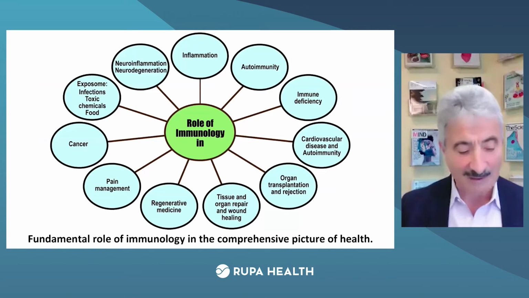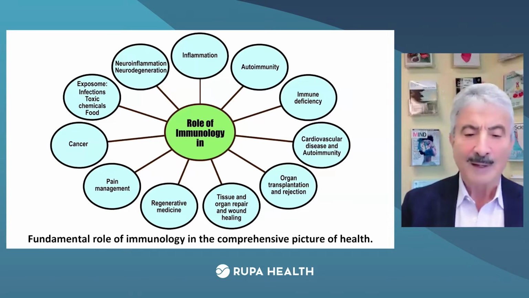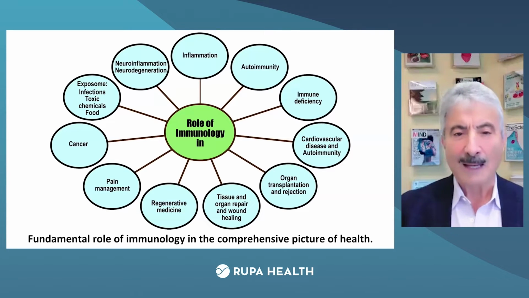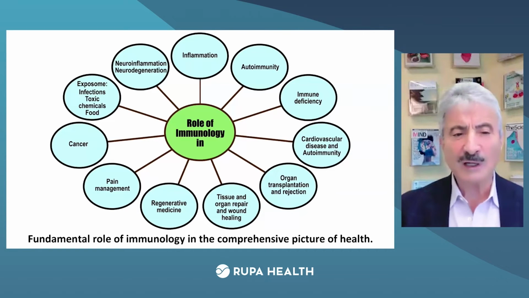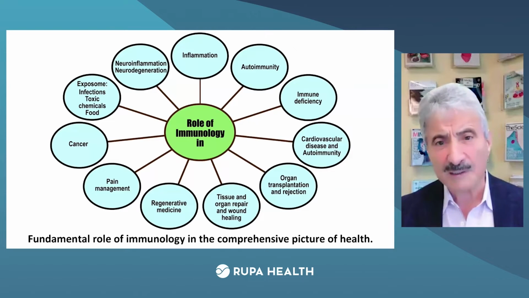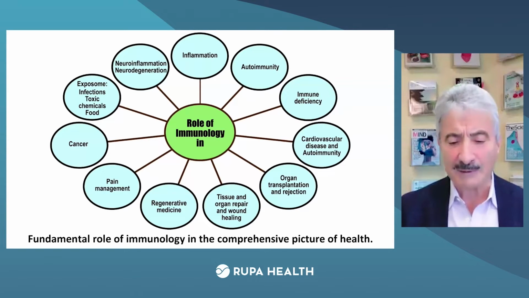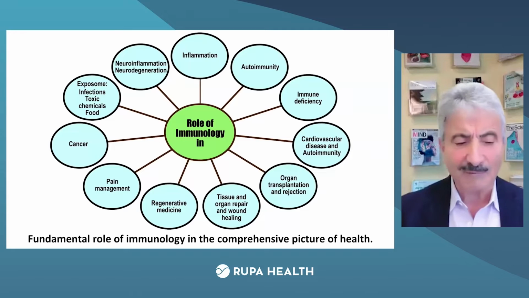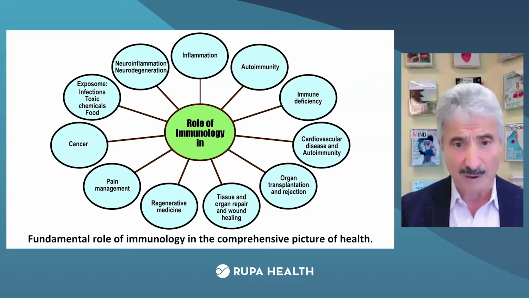So with that introduction, let's go. The immune system is a very complex system. It is involved with almost every single disease in the body, but some of them are here: inflammation, autoimmunity, immune deficiencies, cardiovascular disease and autoimmunity, organ transplantation and rejection, tissue and organ repair, regenerative medicine, pain management, cancer, neuroinflammation, neurodegeneration.